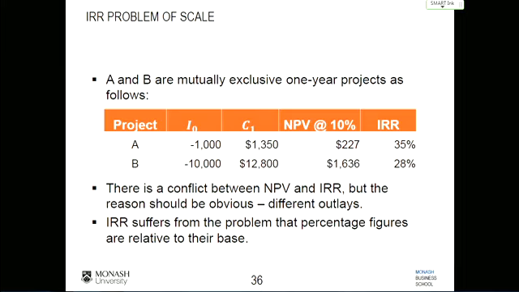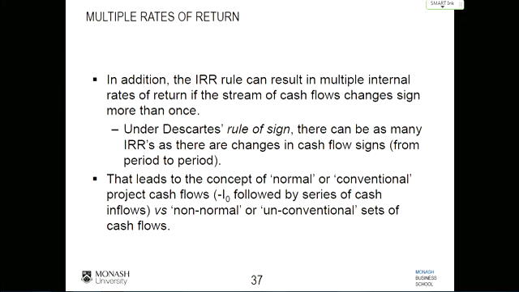And that's why when we have two projects of different scales, the NPV and the IRR may not give you the same decision. Okay? And again, as I said, we would choose project B in this case, if there is a conflicting decision.